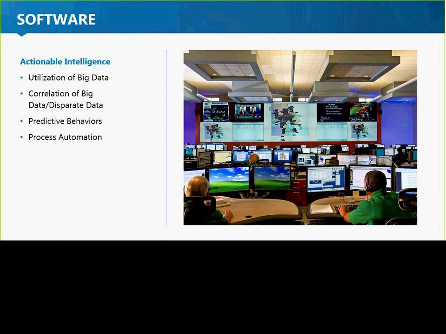What is happening, though, is over the last several years, a lot of companies have started to develop software or enhance the software that they already have to pull in the big data and do analytics on the big data, as well as correlation of the big data, so that it can provide what we define as predictive behaviors and automation of processes. And that's where you get the bang for the buck in terms of best practices with software.